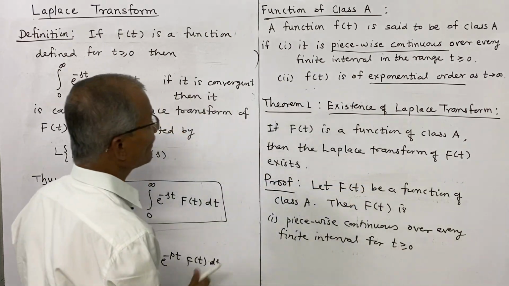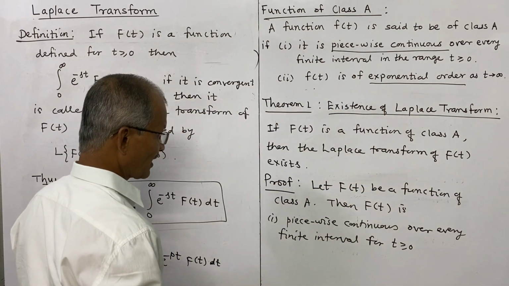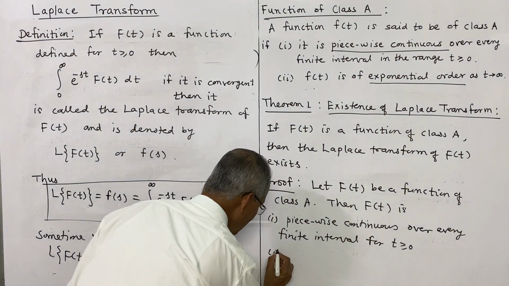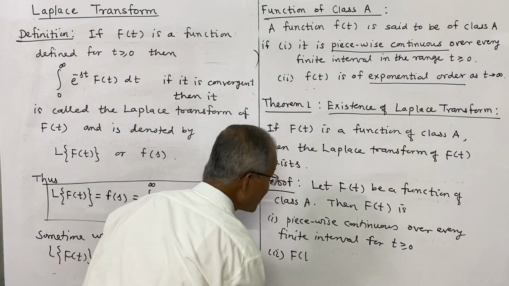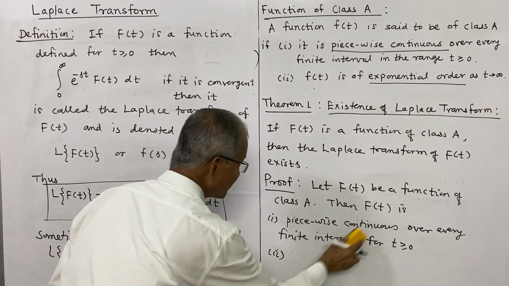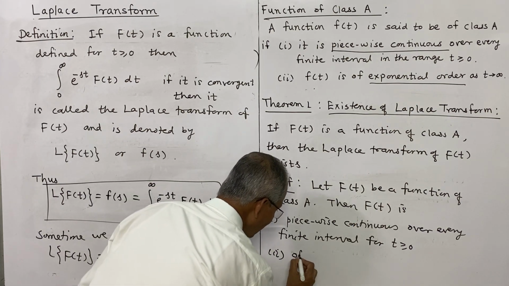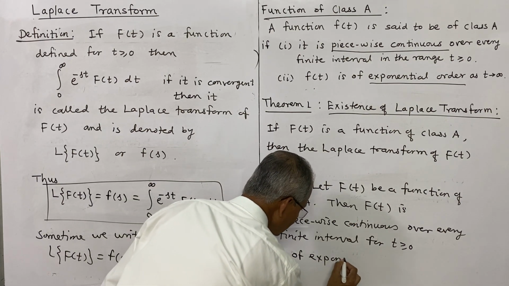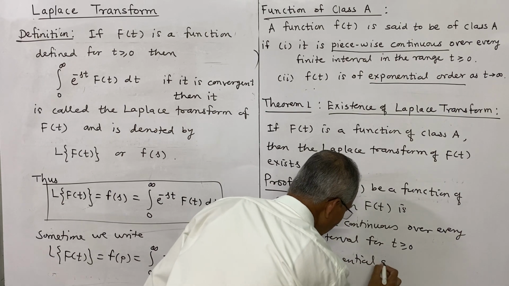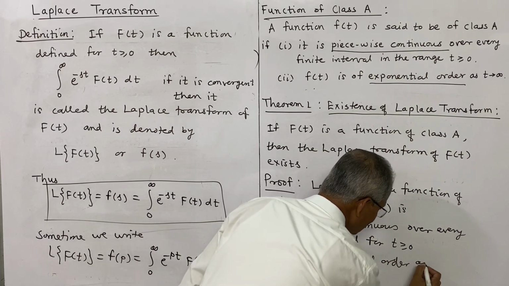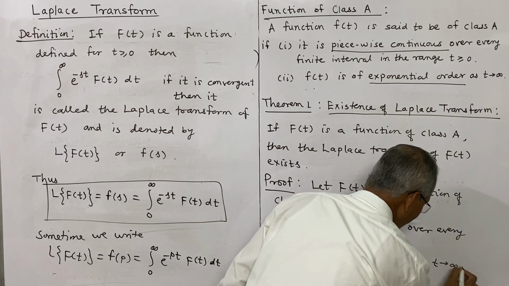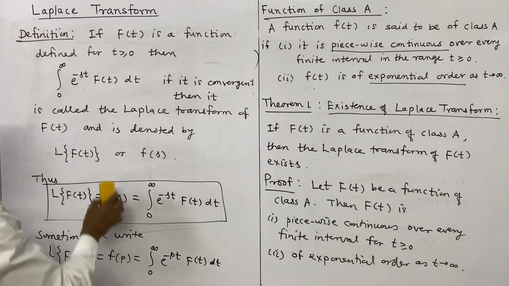And second, f of t is of exponential order as t tends to infinity. So these are the conditions.